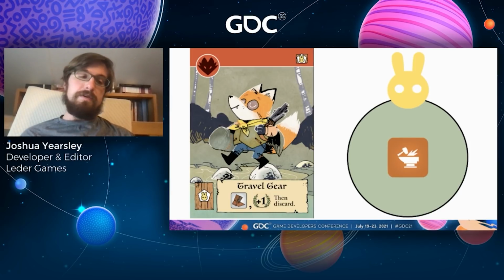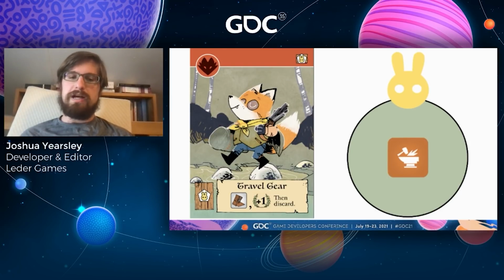So if you look to the left of that box, you'll see a little bunny icon. And basically what that's saying is that as long as you have your crafting piece, like your workshop, in a clearing on the map of that suit, you can get what's at the bottom. So in this case, we have a bunny workshop, we have a bunny requirement, and we can just craft that travel gear. You can walk into your workshop and craft that travel gear.